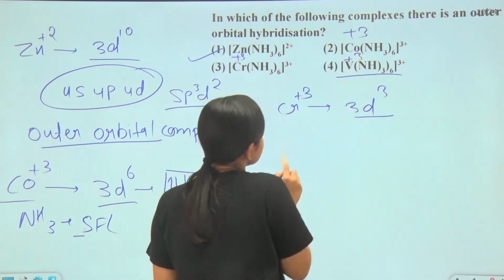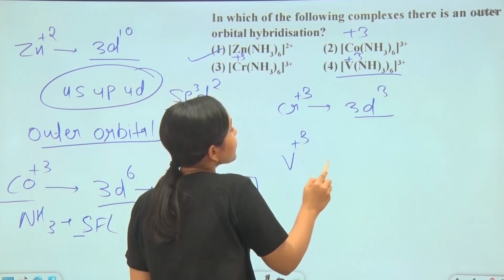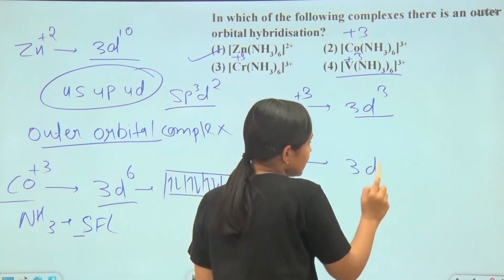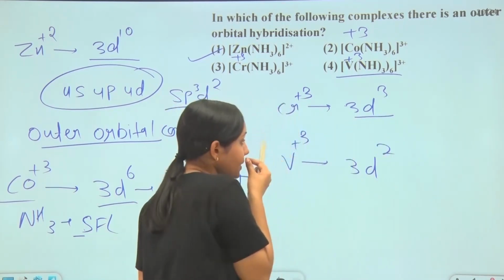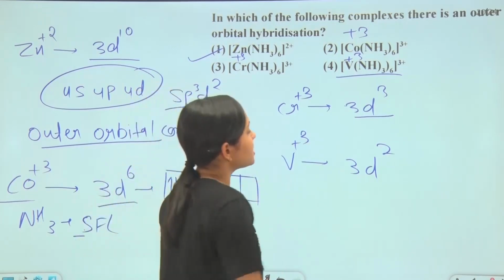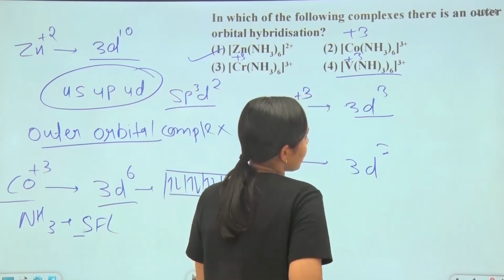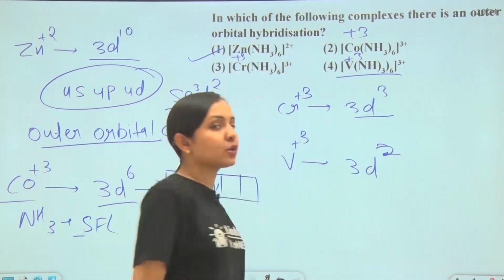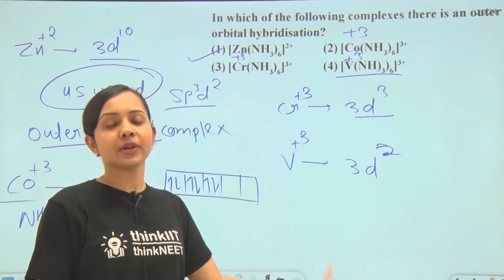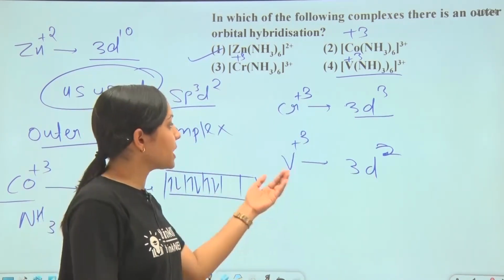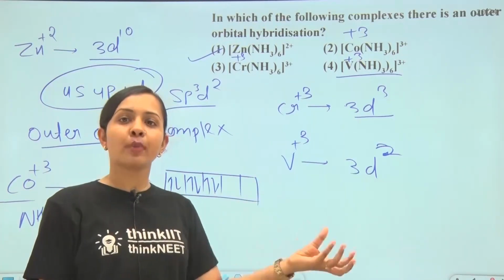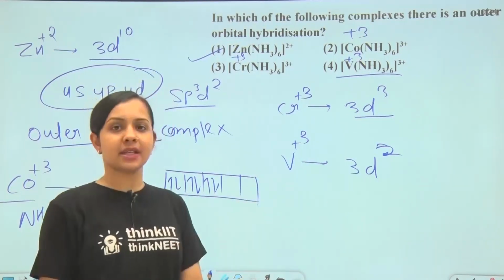Here vanadium shows a +3 oxidation state, so the electronic configuration will be 3d2, and again vacant d orbitals are present. So it is also an inner d orbital complex, right? So option 1 is the correct answer.